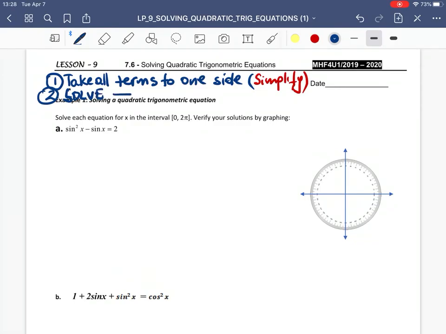We know that when we solve quadratic equations in general, we can either use the factoring technique, or we can use the good old quadratic formula.